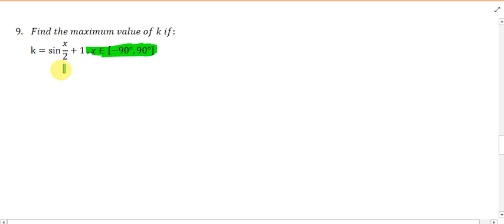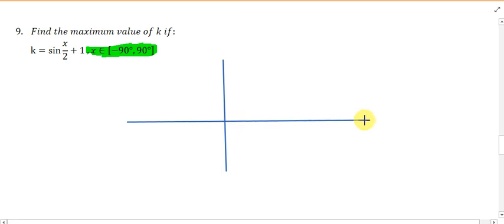Now we want to look at the graph of sine of x over 2. Let's sketch this graph here: sine of x over 2, and then I want to shift this entire graph 1 unit up.